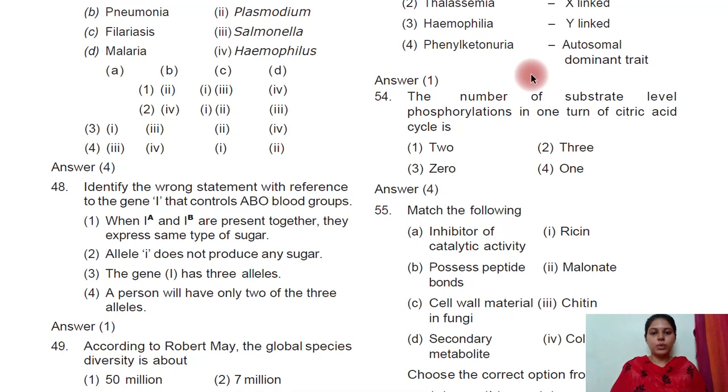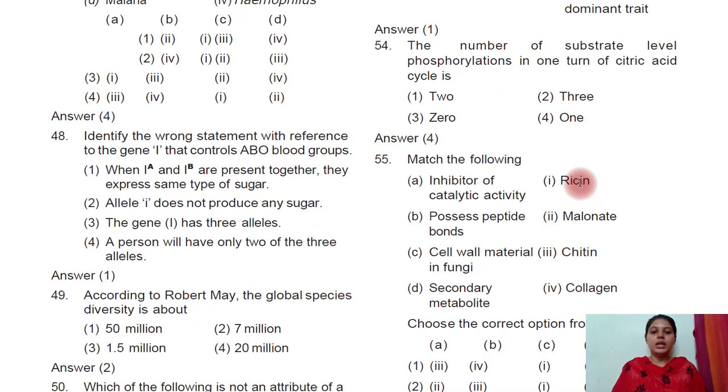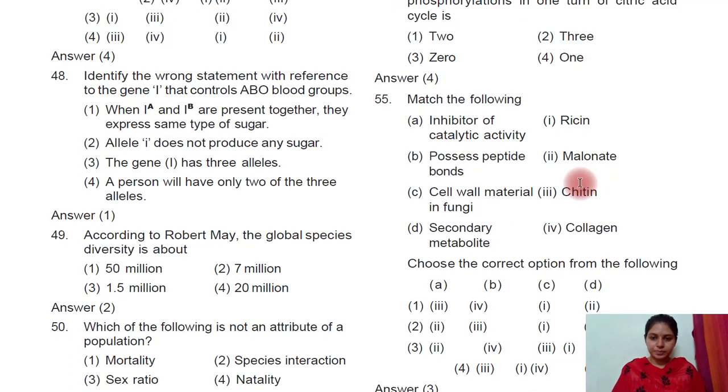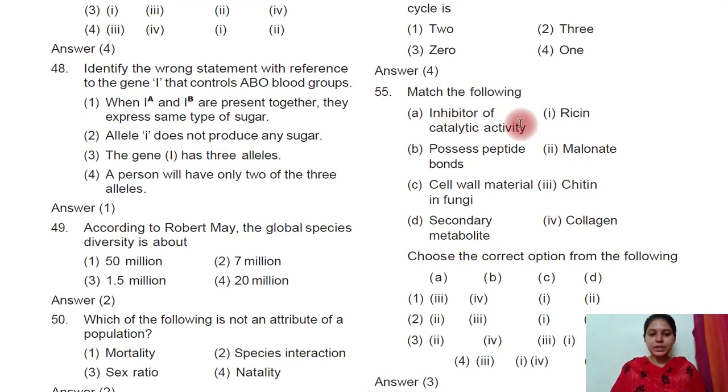Next one, the number of substrate level phosphorylation in one turn. You know it is very well one. There's only one substrate level phosphorylation which happens in one turn of the citric acid cycle. Direct question. Now match the following. We have inhibitor of catalytic activity, possesses peptide bonds, cell wall materials, fungi, secondary metabolite.